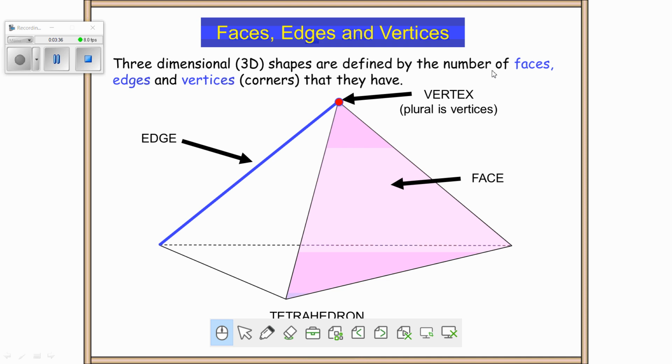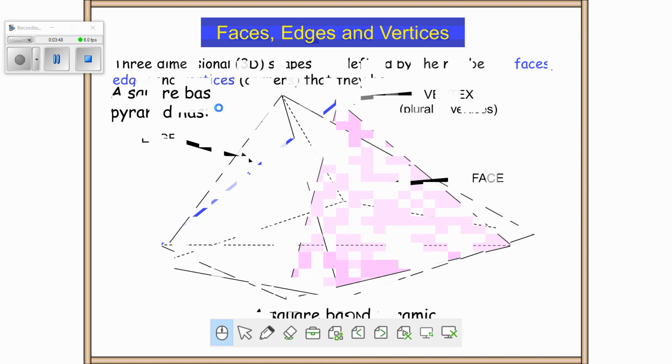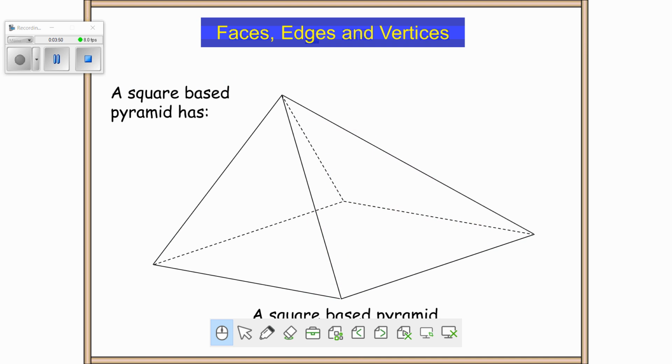Now, we know the face, we know the edge, and we know the vertex. Now, can you tell me more about the pyramid? Can you tell me how many faces, edges, and vertices are in the pyramid?